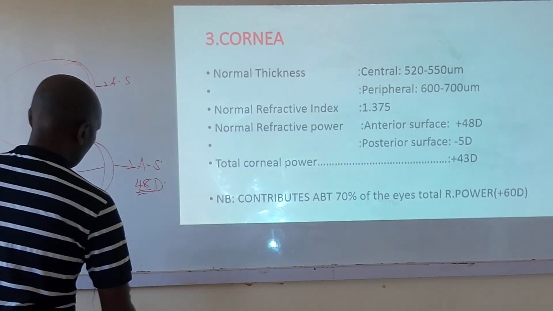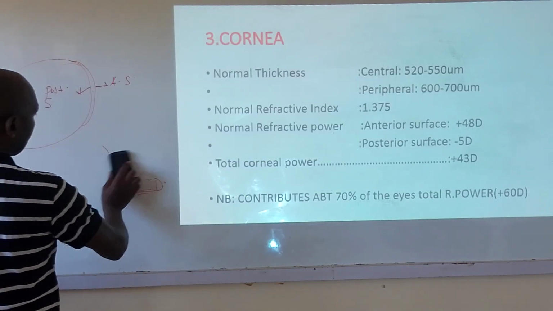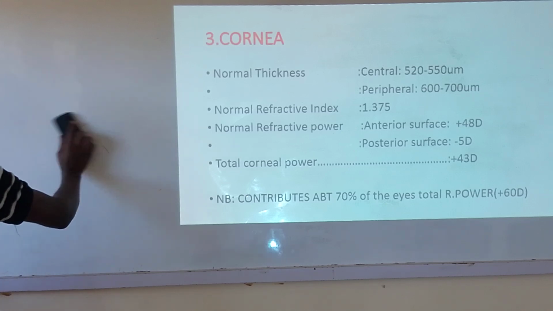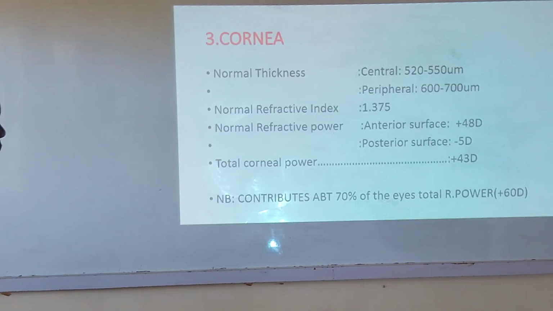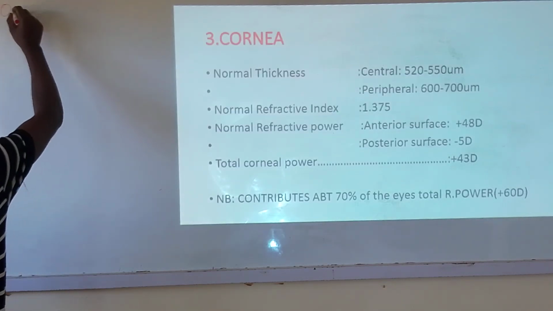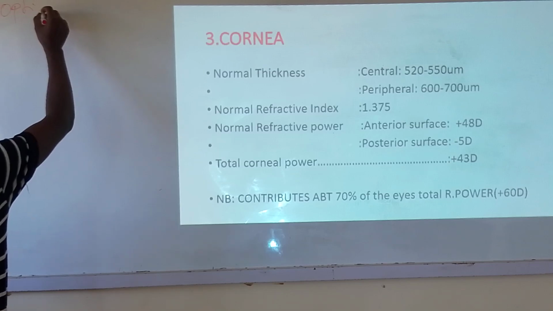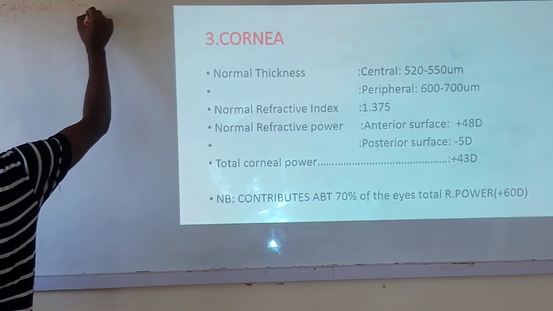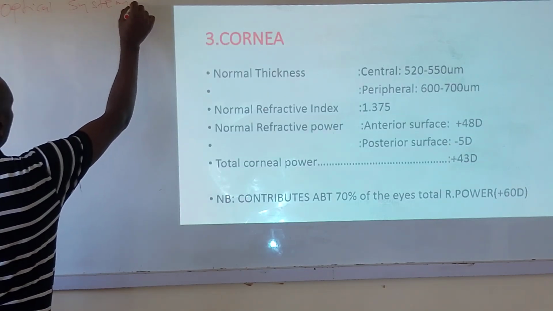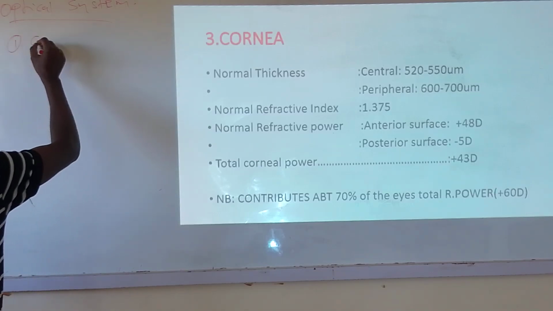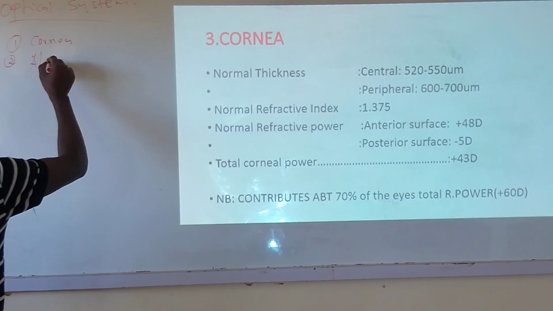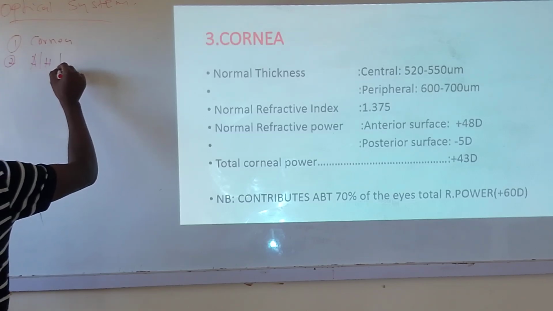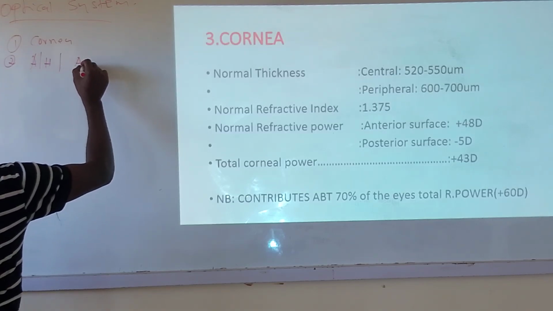And you need to know that the cornea contributes about 70% of the eye's total refractive power. Remember we said the optical system, structures of the eye, we have the cornea, we have the aqueous humor, which is in the anterior chamber.